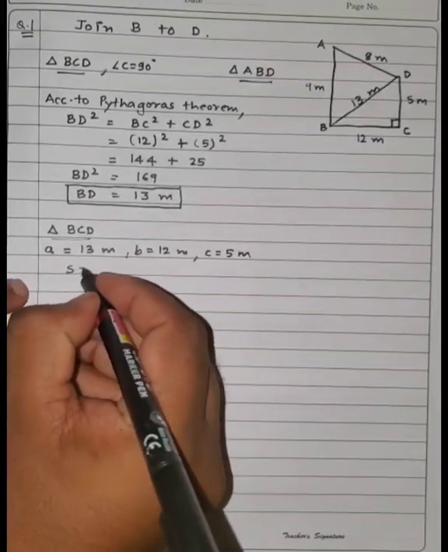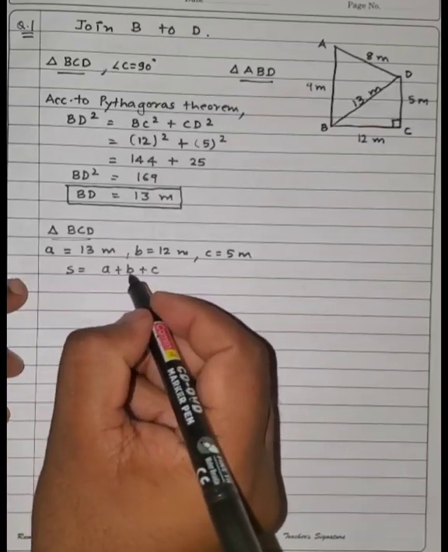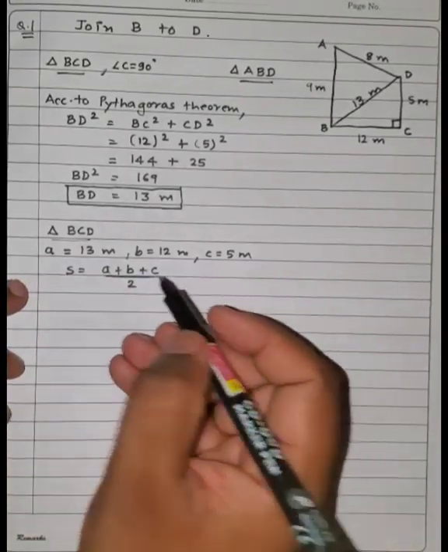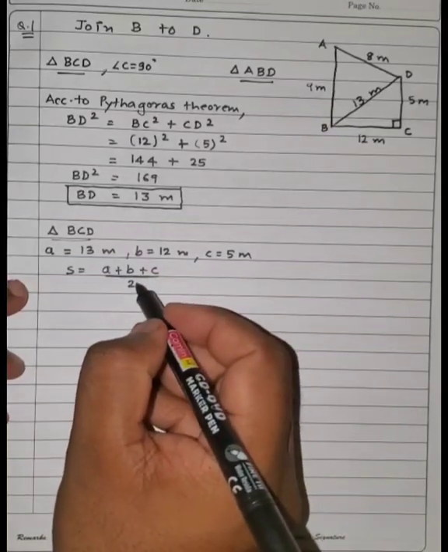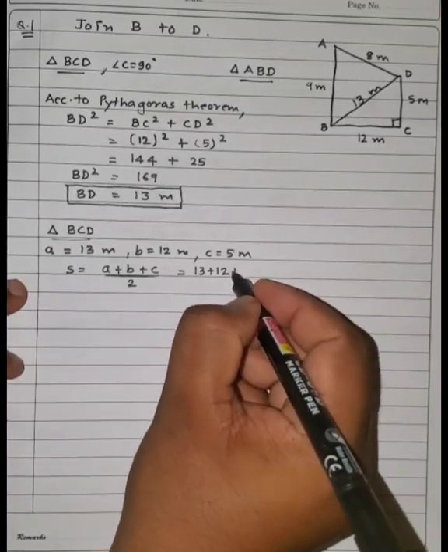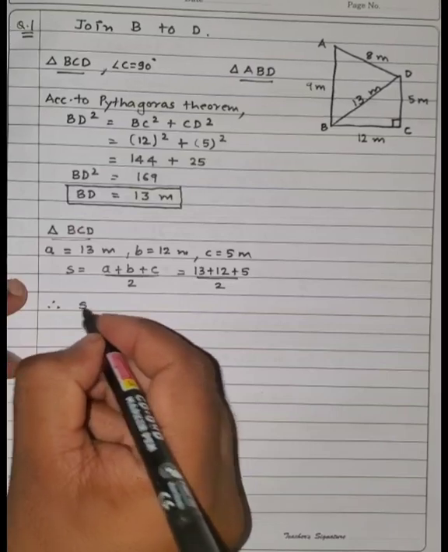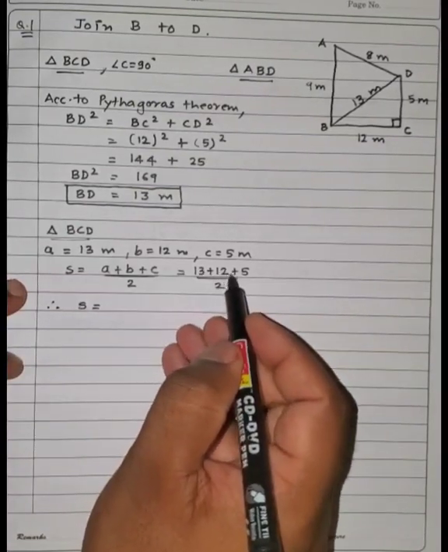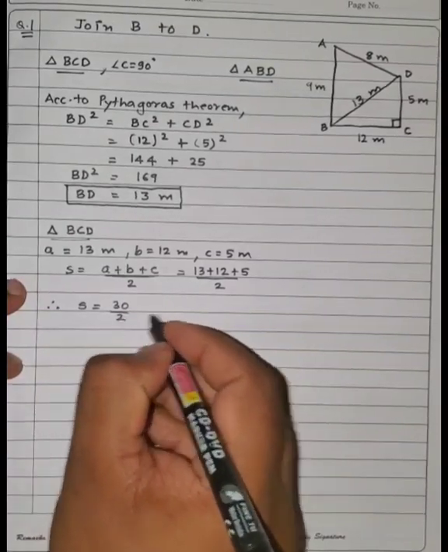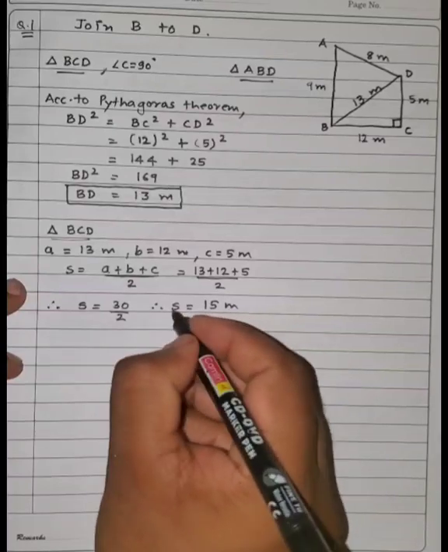Semi-perimeter is half of the perimeter. Perimeter is calculated by adding all three sides. Half of that is a plus b plus c divided by 2. Putting the values, 13 plus 12 plus 5 divided by 2. 13 plus 12 is 25, 25 plus 5 is 30, 30 divided by 2. Therefore, the semi-perimeter is 15 meter.